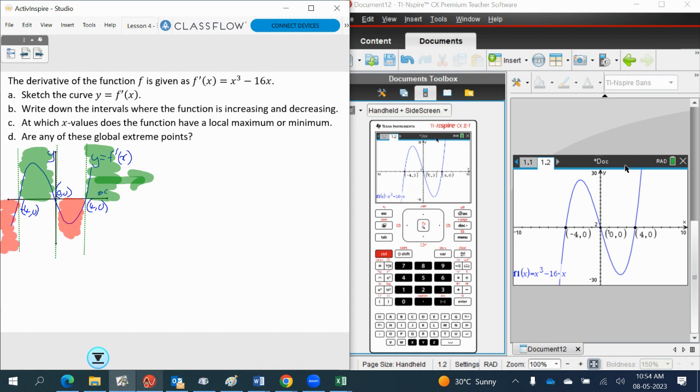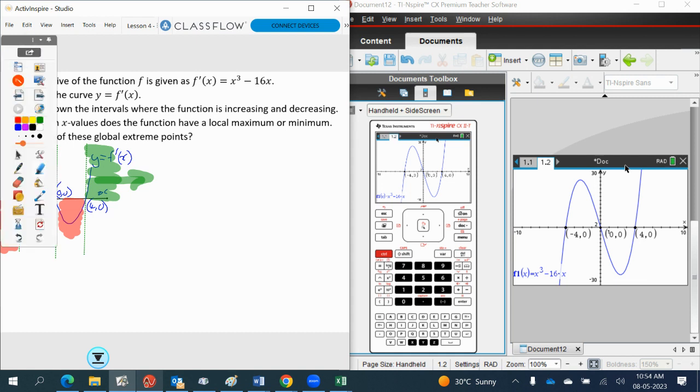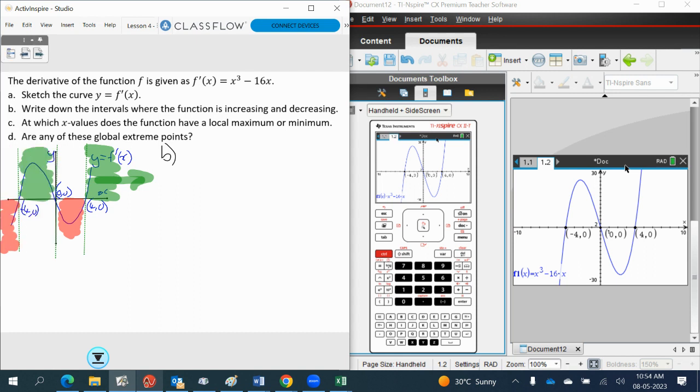So we need to describe these intervals. We can use either inequalities or interval notation. Let's start off with rising. It is going to be rising in that interval, which is minus 4 up to 0, or x is greater than 4. That's the second interval here.